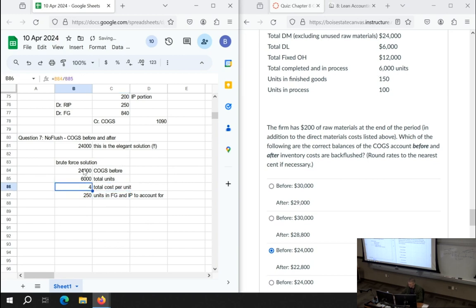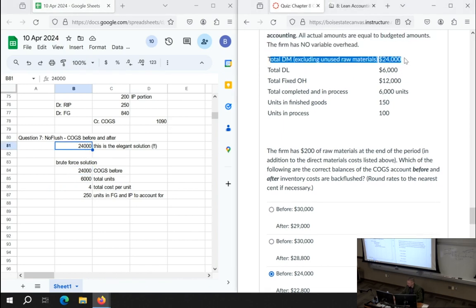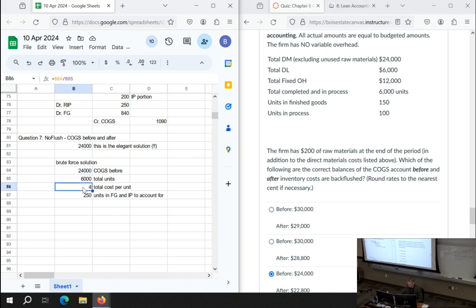Again, that COGS before is entirely about the direct materials, the total direct materials balance right here, since we're in throughput accounting. I'm just going to use it in this case. And so I'm going to multiply right there. This is my debit for finished goods and the IP, meaning the in process portion of RIP.